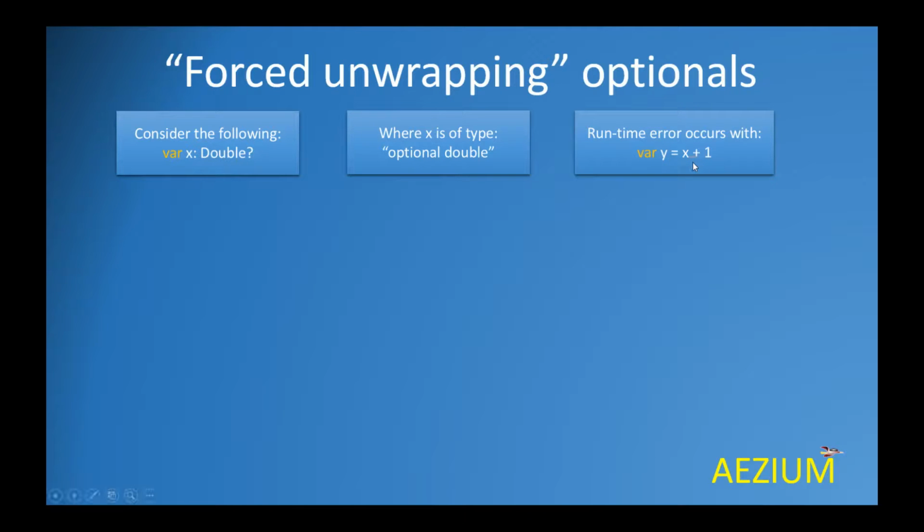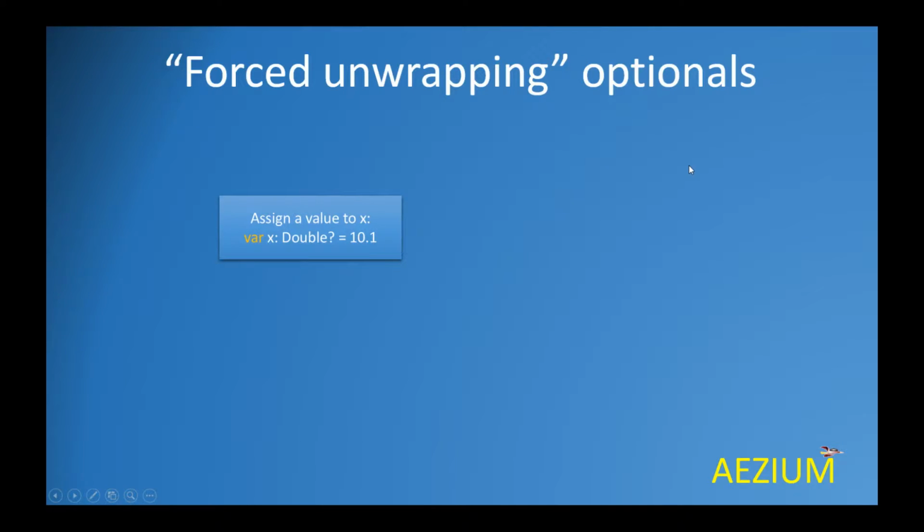For instance, if we wish to assign a value to a different parameter in the code, which uses the value of the first parameter, something like this. If we say y is equal to x plus 1, we will see a runtime error.